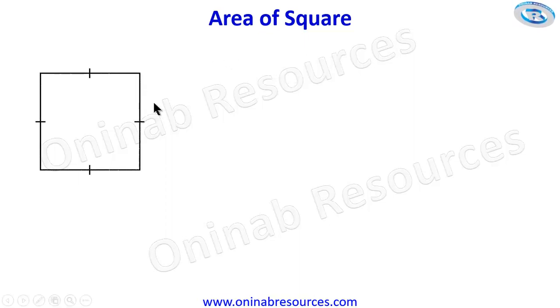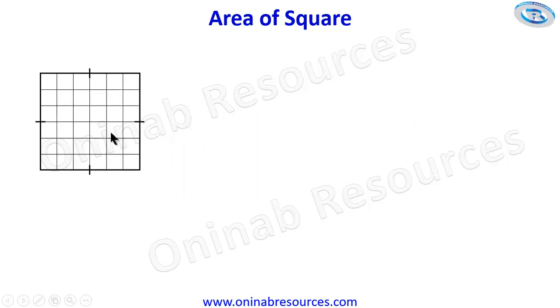So we start with the diagram of a square. The dash on all the sides of the square indicates that all the sides are equal, and as such this is a square. We create grids within the square so that each of these is 1 square centimeter. So to calculate the area now, we are looking at how many square centimeters are there in the square.